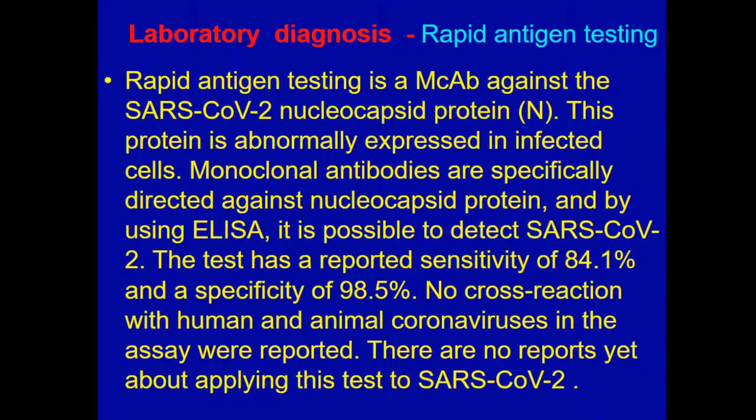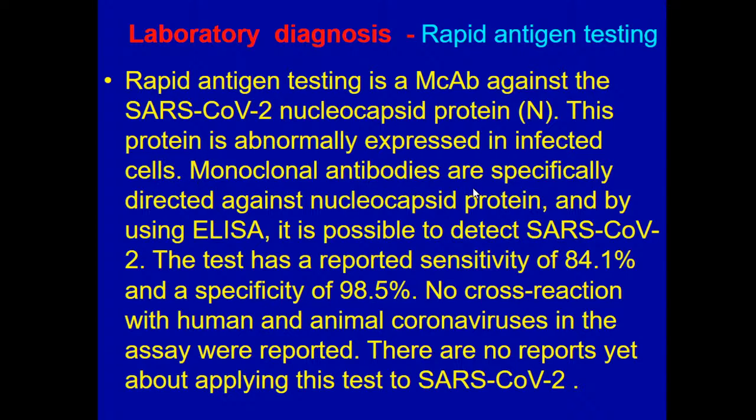Then rapid antigen testing. For this, we use monoclonal antibodies against the SARS coronavirus nucleocapsid protein. Can you see it here? The N protein. Why N protein? That's because this protein is abundantly expressed in the infected cells, and a huge amount of N protein is released.